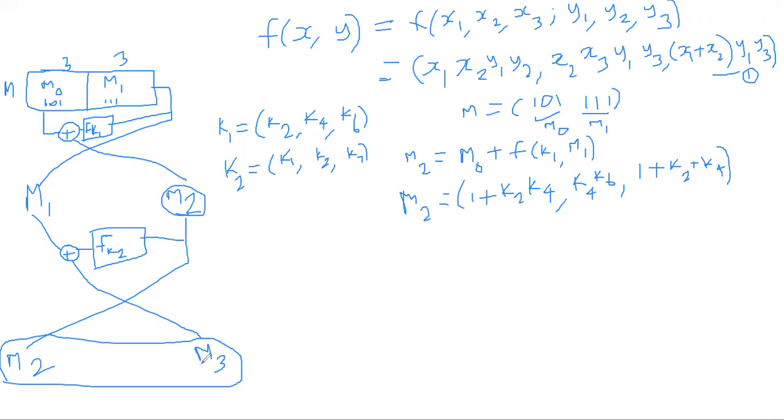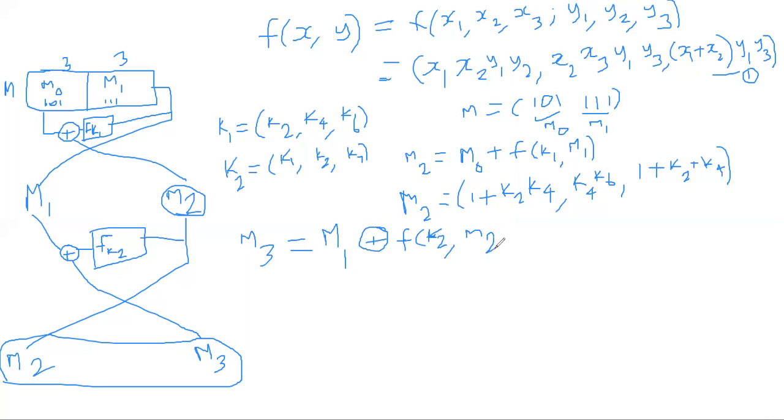So what is the logic for M3? M3 requires us to do the same. We need to take M1 and XOR it with f of K2, M2. And we know the formula for F again, and we know the general structure of K2.